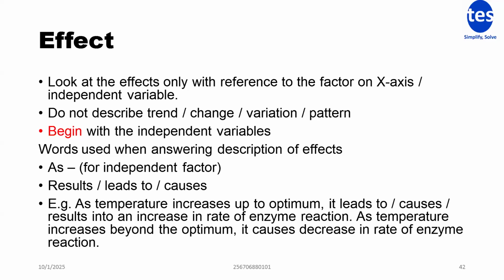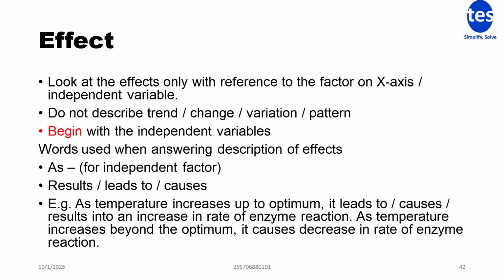But one thing to note here is that we quote the x-axis, e.g. as temperature increases up to the optimum, it leads to, or causes, or results in an increase in rate of enzyme reaction. Or as temperature increases beyond the optimum, it causes a decrease in rate of enzyme reaction.